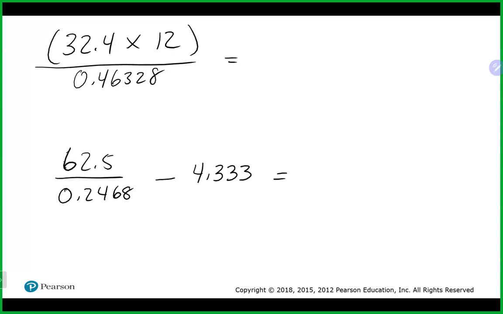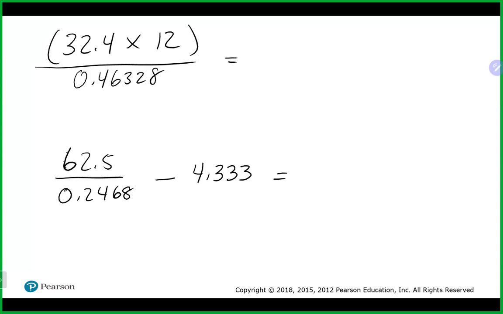So obviously we're combining a bunch of stuff here together. Got it on top there, so I'm going to take 32.4 and multiply that by 12. By the way, on your calculator, I would hit equals. Then I'm going to divide it by the number on the bottom, divide by 0.46328.